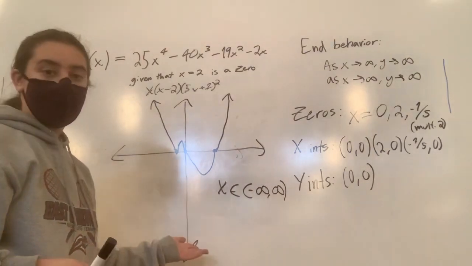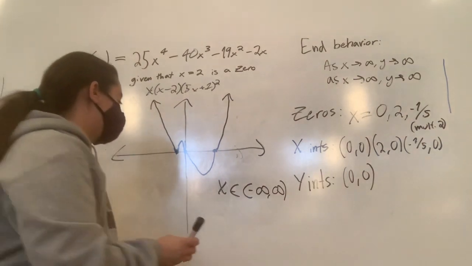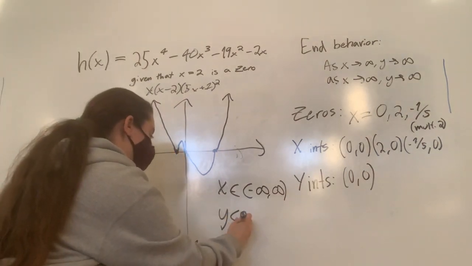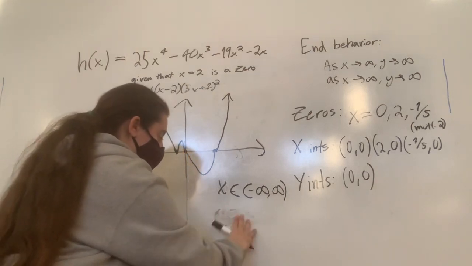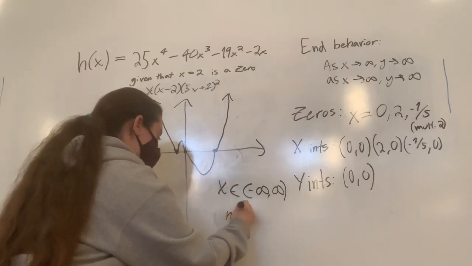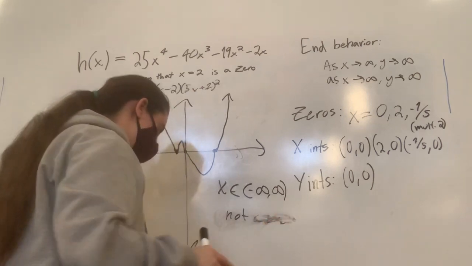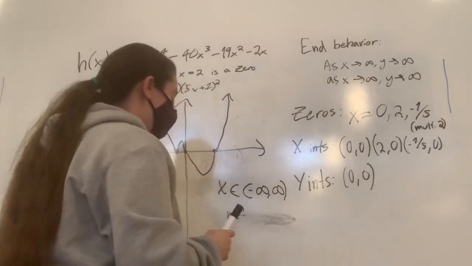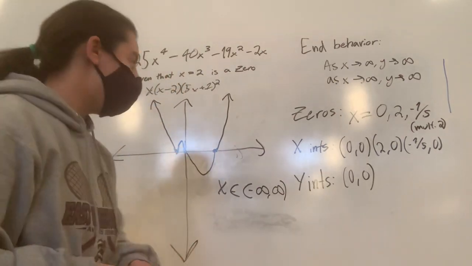We just know it goes to infinity, but we can't tell how far it goes toward negative infinity. So as far as y goes, we just have to say that there's not enough information.